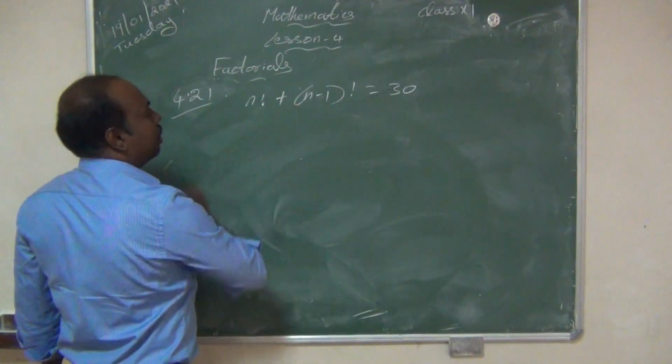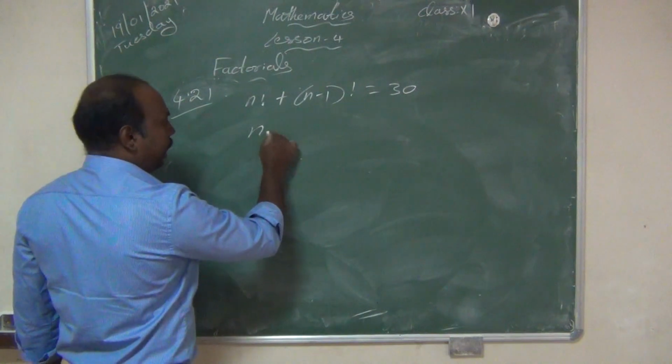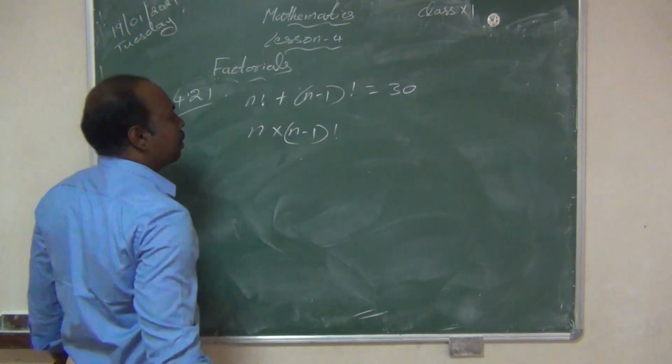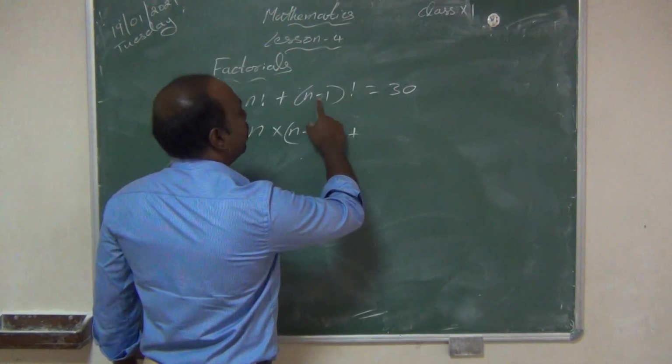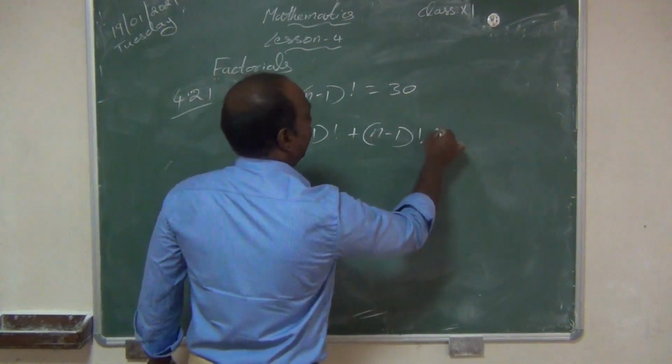So n factorial can be written as n into n minus 1 factorial, plus n minus 1 factorial as it is, no change, equals 30.